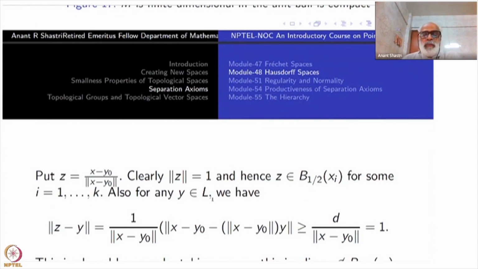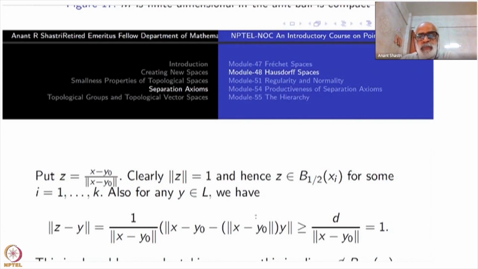Also, for any y in L, we have the norm of z minus y. You can rewrite it, since z is x minus y naught divided by the norm of x minus y naught. I am pulling out the denominator outside, then I have to multiply by that number, norm of x minus y naught, times y. But now y naught plus this multiple of y is a linear combination of y naught and y.